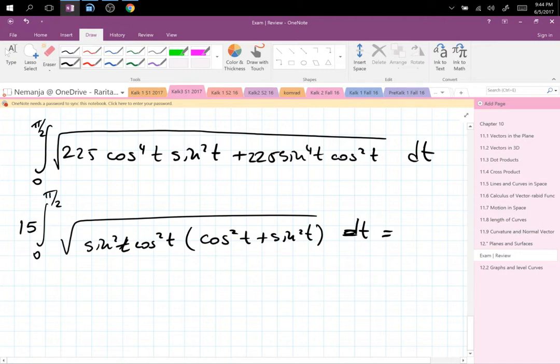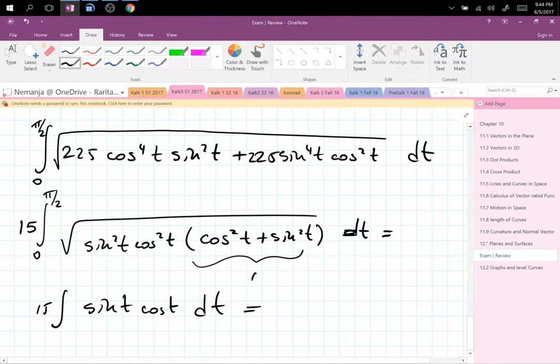They can now escape the root because now it's multiplication under the root, but they cannot escape the integral. So they stay as sine t cosine t outside. And this portion over here is 1, so I'm not bothering with that.